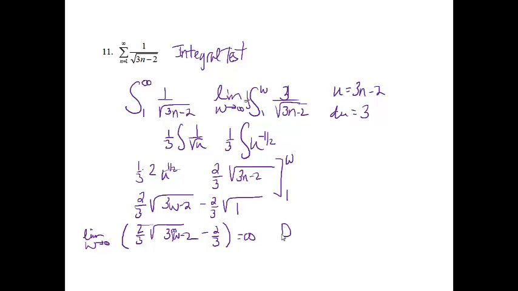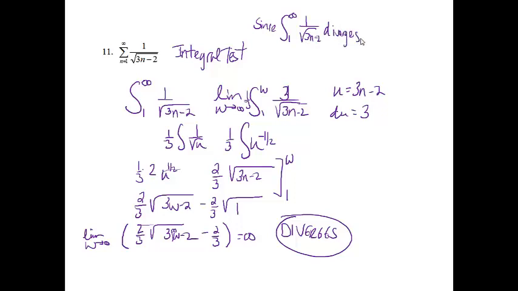So I know that my answer is going to diverge. And if I wanted to be fancy, I could say since the integral from 1 to infinity of 1 over the square root of 3n minus 2 diverges, then the series also diverges.